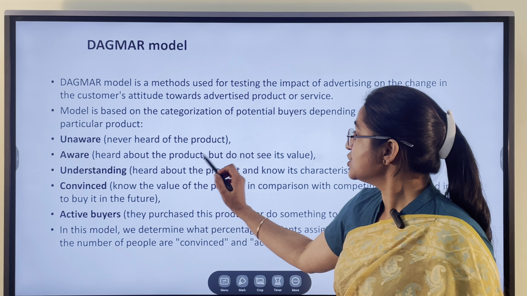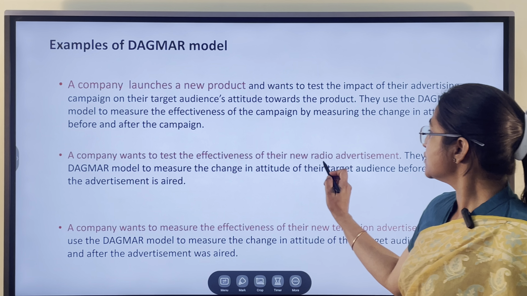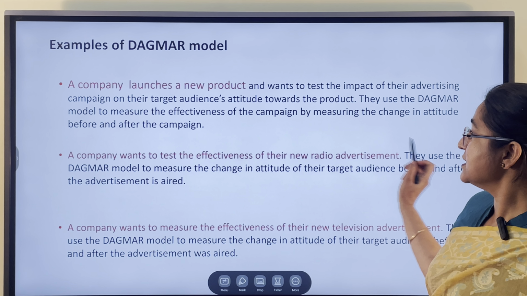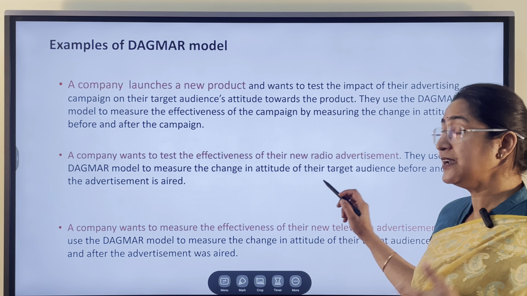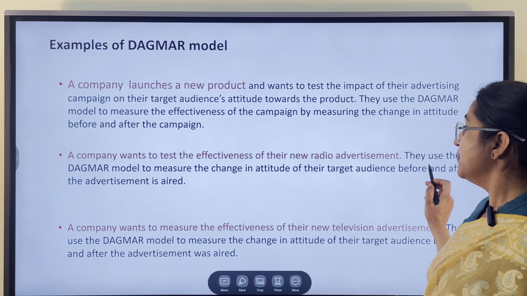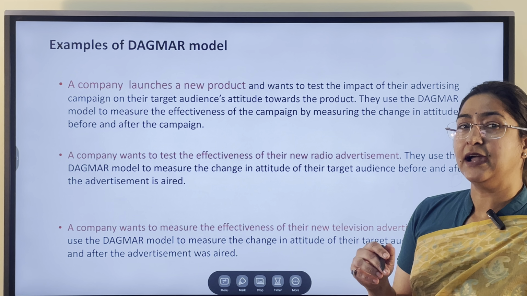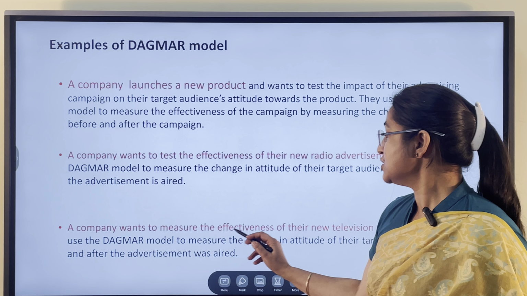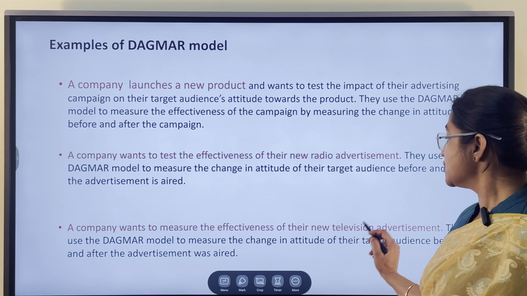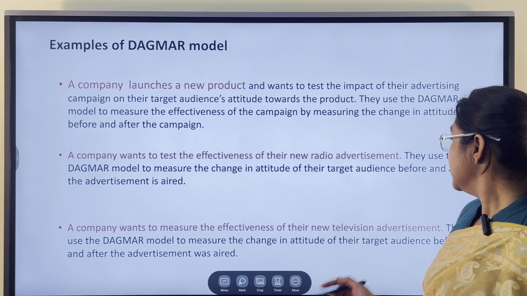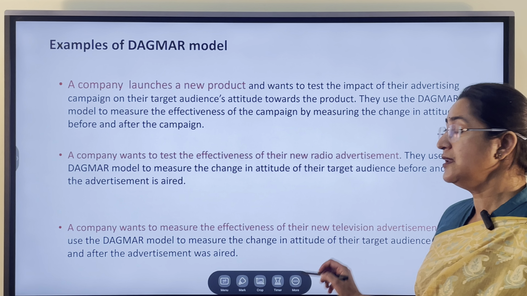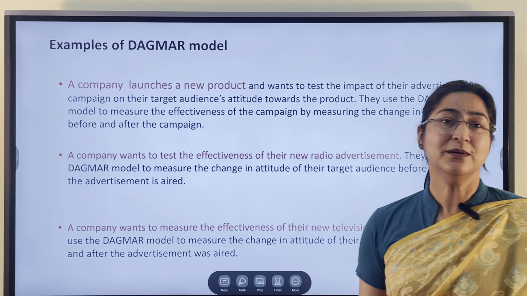Whenever a company wants to test the effectiveness of a new radio advertisement, for example, they can use it to measure the change in the attitude of their target audience before and after the advertisement is aired. And finally, whenever a company wants to measure the effectiveness of a new television advertisement, that can also be checked with this particular model, wherein the change of attitude can be measured.